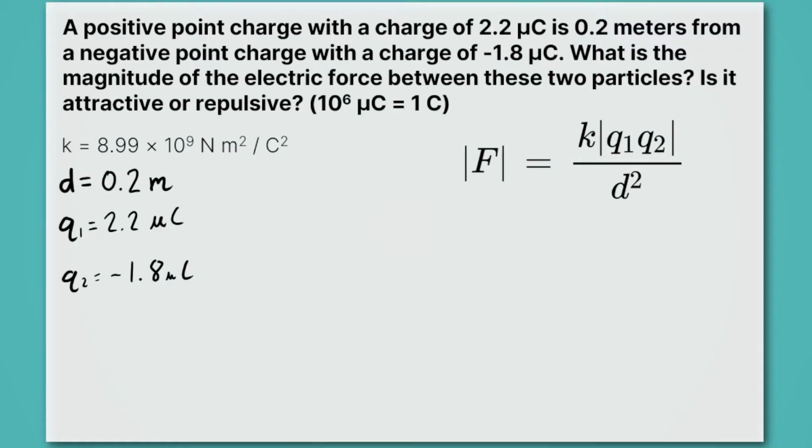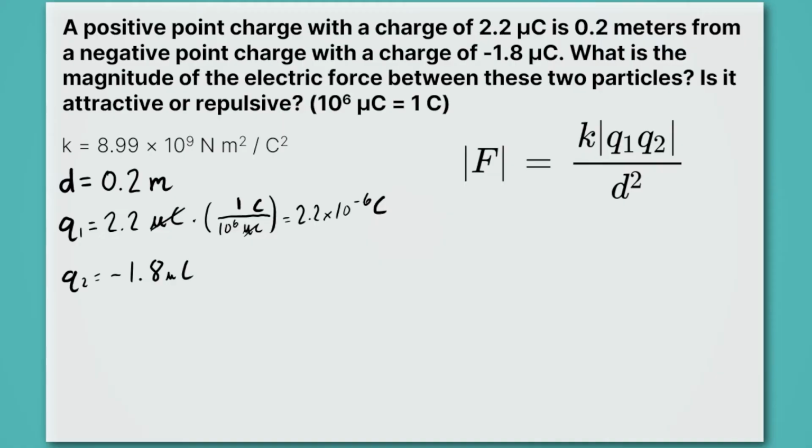Okay. Now, before we can use our expression to calculate the strength of the electric force, we actually need to go ahead and convert to regular old coulombs. So let's do that. We're going to divide by microcoulombs and go to coulombs. Coulombs is going to go with the number 1 and micro with 10 to the 6th. The microcoulombs are going to get canceled out. And when we do 2.2 divided by 10 to the 6th, we'll get 2.2 times 10 to the minus 6th coulombs.